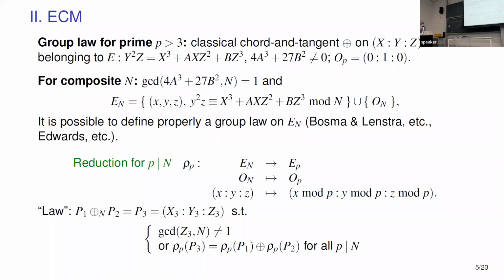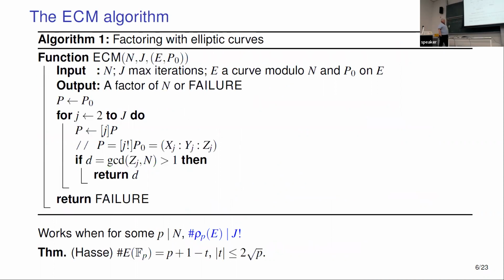And if it's not the case, the result is that the reductions of all points mod p add up correctly mod p for all primes p dividing n. So we have an interesting set, and we can perform operations. So we can do factorization. Basically what you do is you compute factorial j times P0, and you wait for the third component here to have a non-trivial GCD with n.